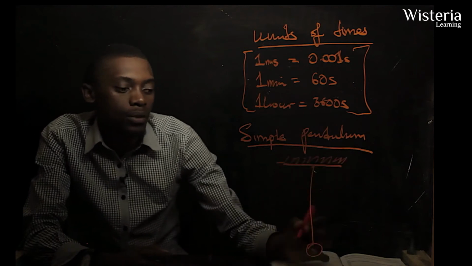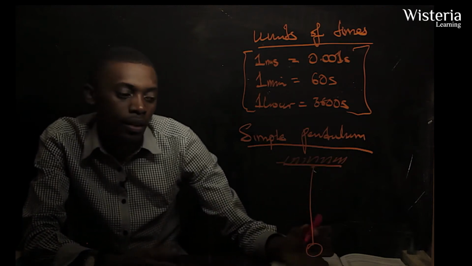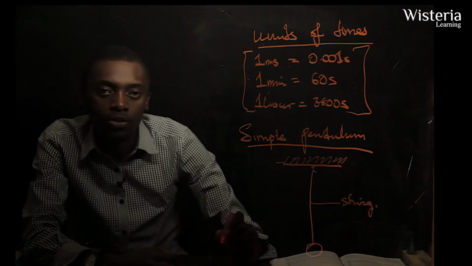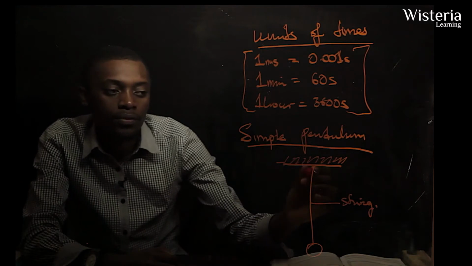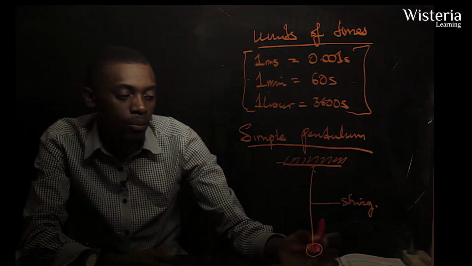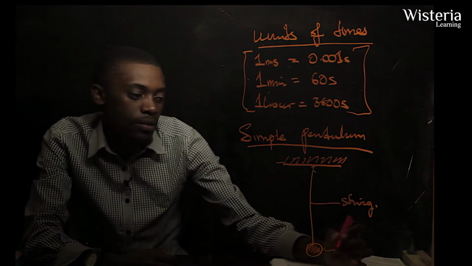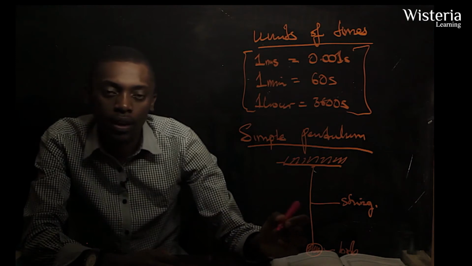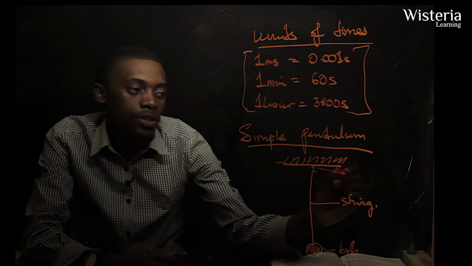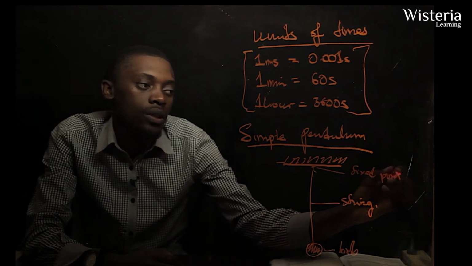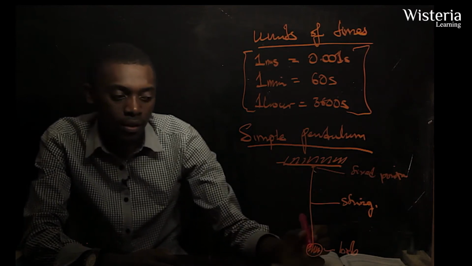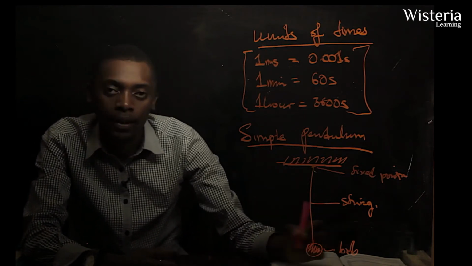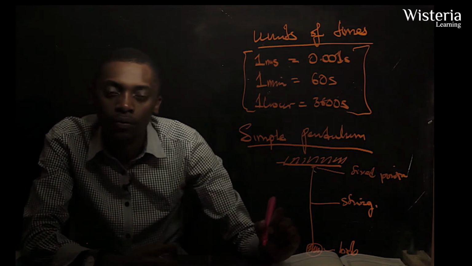It is made up of a very thin string, and one end of the string is tied to a small mass, which is known as a bob, and the other end of the string is tied to a fixed position. The string alongside the bob is to swing back and forth under the influence of gravity.